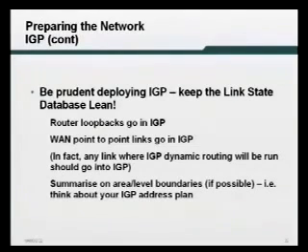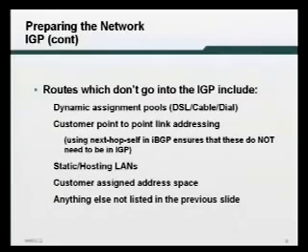Summarization, if you're clever with the addressing plan, you can do some summarization, so that all helps too. Routes which don't go into the IGP include dynamic assignment pools, for example DSL, cable, dial, and customer point-to-point link addressing. Got 10,000 customers, you don't want 10,000 /30s in your IGP because that makes your IGP big.